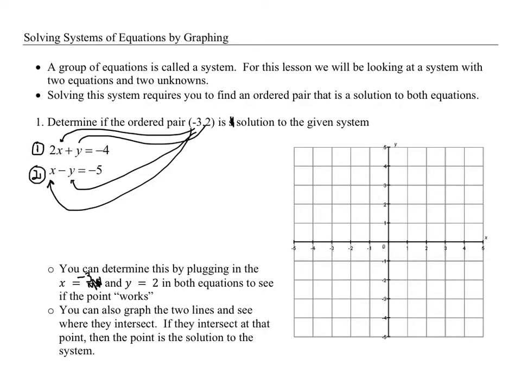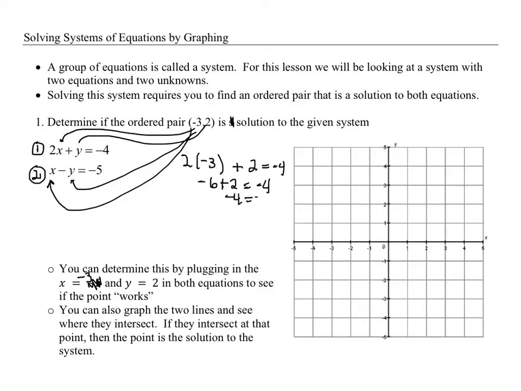The first way you can determine whether the ordered pair is a solution to the system is the easiest way. Just plug that ordered pair in and see if it works in both of the equations. For the first one, it's going to be 2 times negative 3 plus 2 is equal to negative 4. Does it work? Negative 6 plus 2 is negative 4.